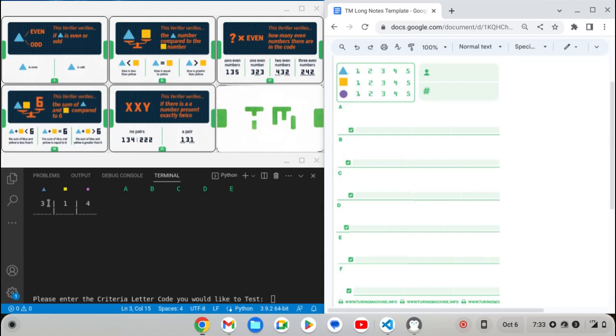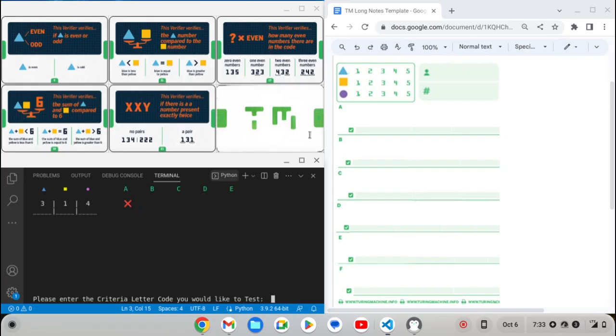And we're going to start off with an initial proposal of 314. So the first thing I want to test is criteria card A. Okay, so the Turing machine does not approve of my choice for a triangle. I did pick an odd 3, but because the Turing machine does not agree with that, it's actually letting me know that the value of triangle is in fact an even digit.